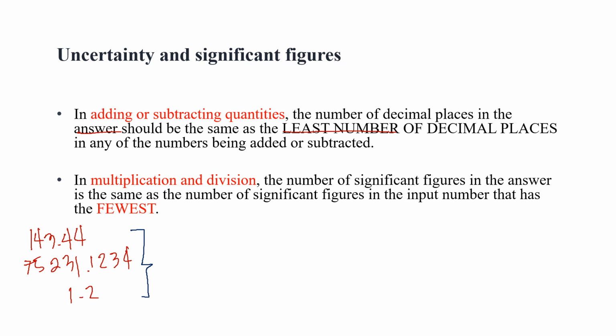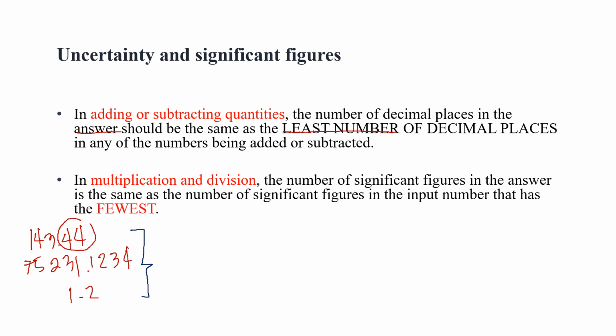Now let us look at these 3 numbers one by one. Your first number, 143.44, has two decimal places.